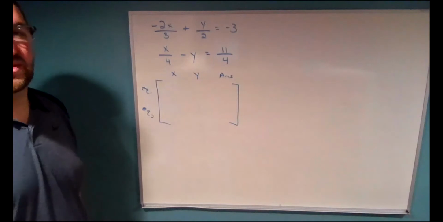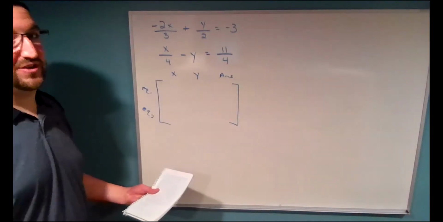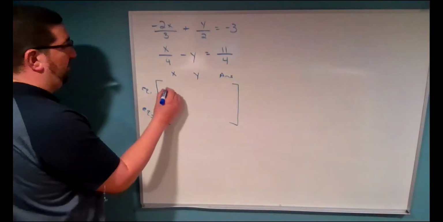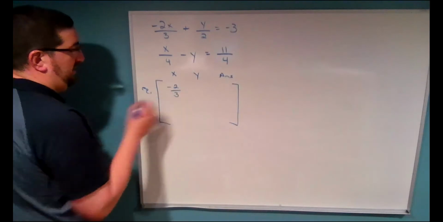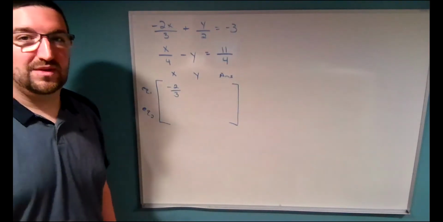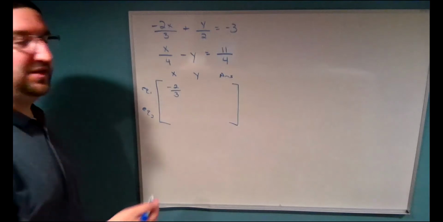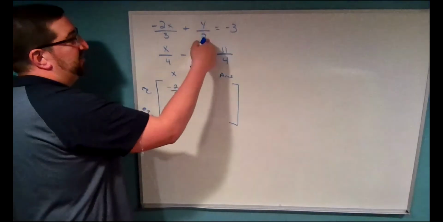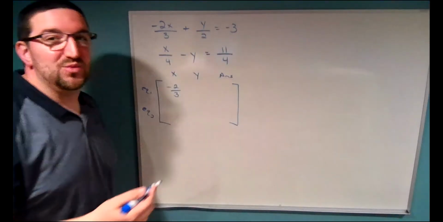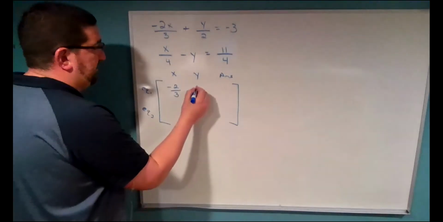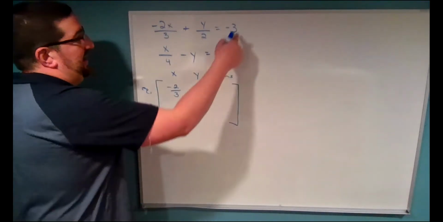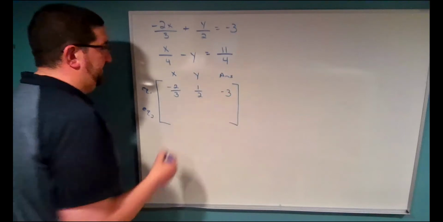Negative 2x over 3, that's the same thing as negative 2/3 times x. So our first entry is going to be negative 2/3. And then y over 2, that's the same thing as 1/2 y. So we're going to write 1/2, and then our answer is negative 3.